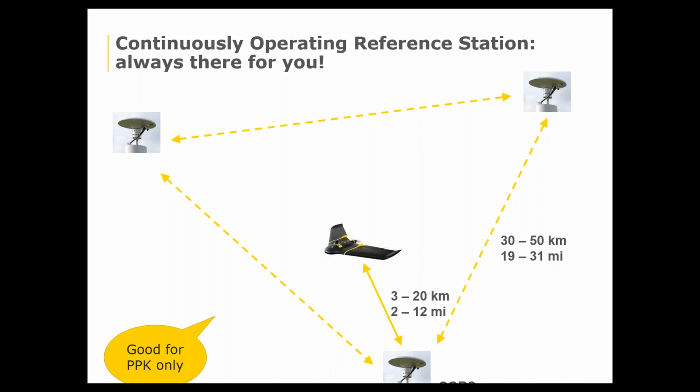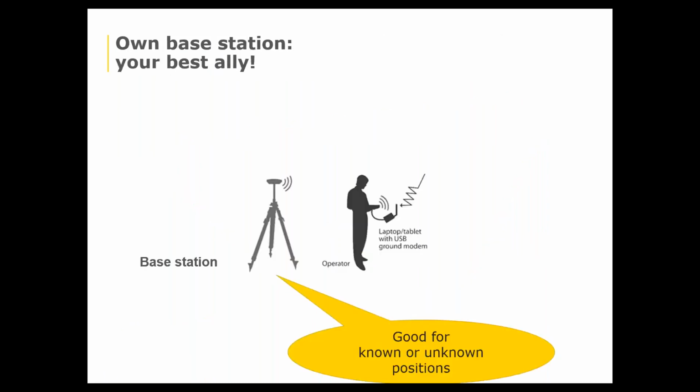You can see here 12 miles away. You still have your network of real reference stations that is working for you during the flight, and you just connect in post-processing to this base station. Again, previously it was in real time, here it's in post-processing, but it's still kinematic, the reason for the K.